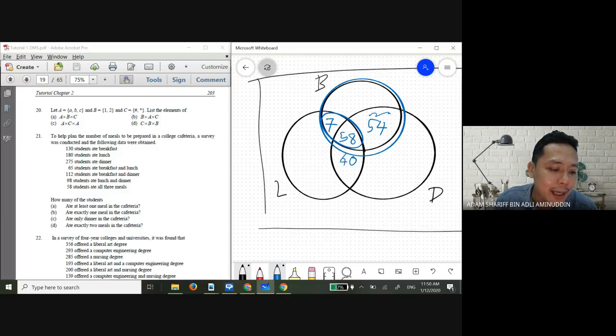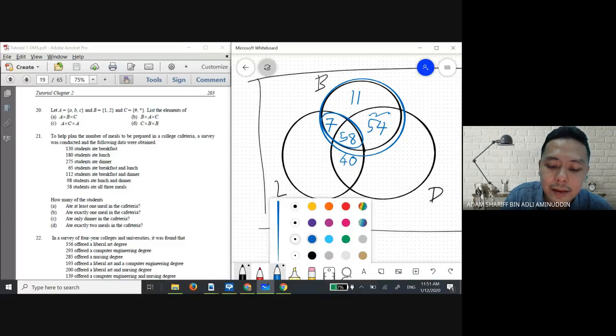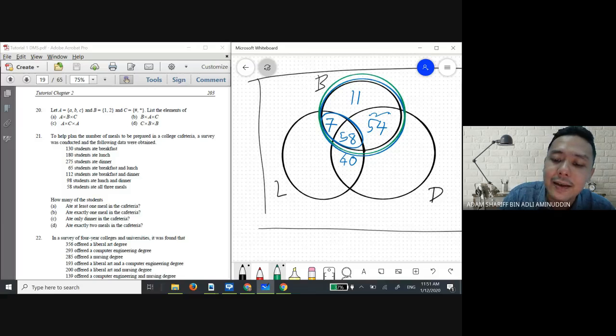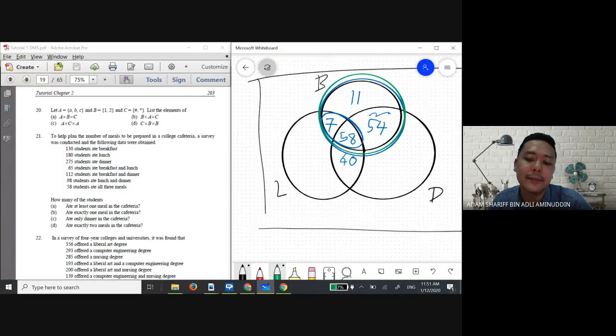So you akan ambil 130, keseluruhan yang tu adalah 130 minus 7 minus 58 and you lastly minus 54. So it will be 11 here. So the students who are in the region of breakfast only, when you add up all this, it becomes 130.